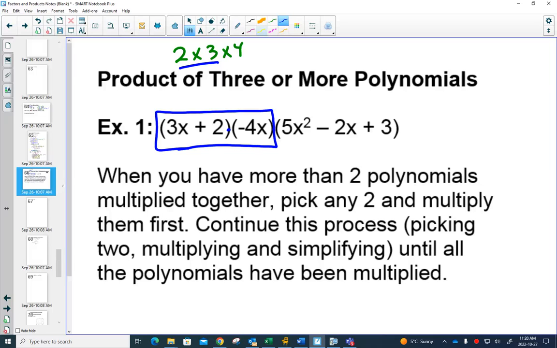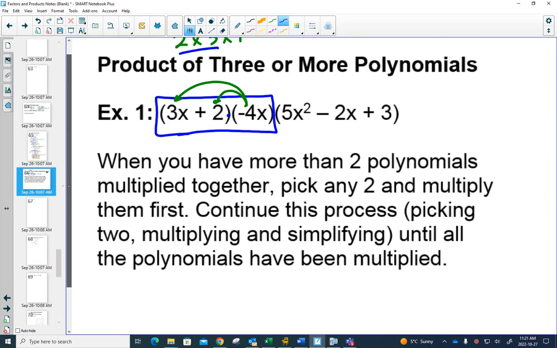It's just human nature, those are the first ones, I'll do those first. So what we do when we have more than 2 is choose 2 of them, multiply together, write the answer, and now you'll have a new multiplication that'll be 2 things instead of 3 things. How would I multiply these 2? I would probably use my arrows here and distribute.